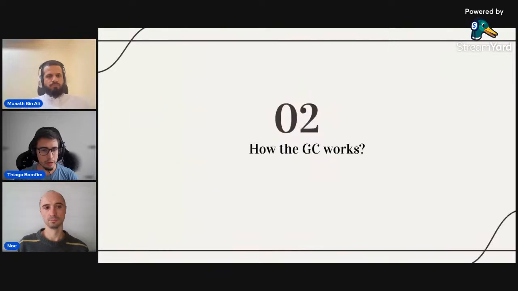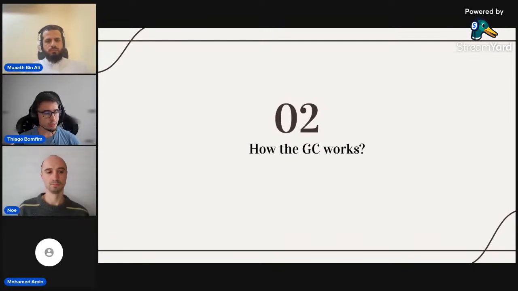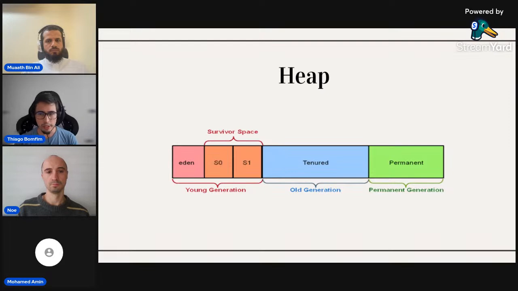Now let's talk about how the GC works, how it helps us avoid that type of problem and how the GC cleans the memory. Before talking about the GC, we need to understand the heap.